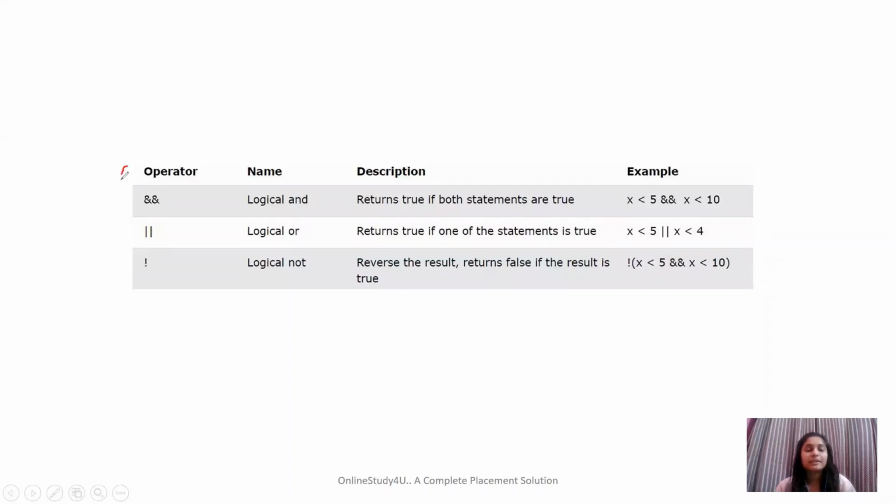There are mainly three types of logical operators: AND operator, OR operator, and NOT operator. Logical AND returns true if both the statements are true, whereas logical OR returns true if any one of the statements is true, and logical NOT reverses the result, returning false if the result is true, and true if the result is false. Let's see one by one with the help of examples.